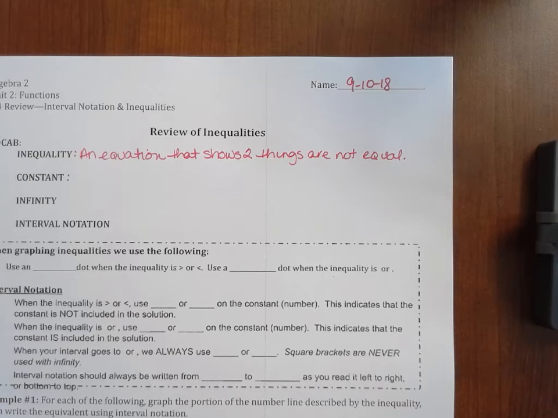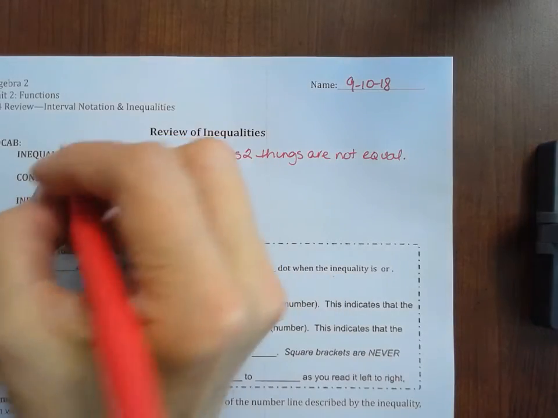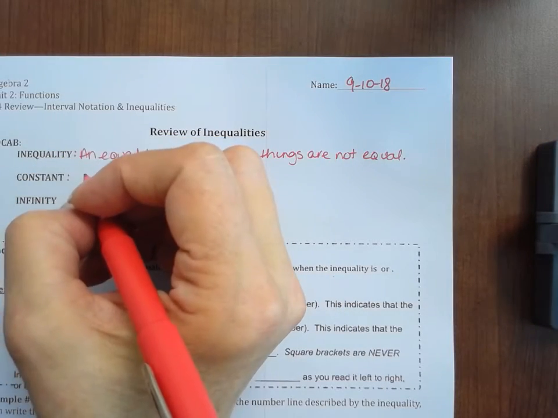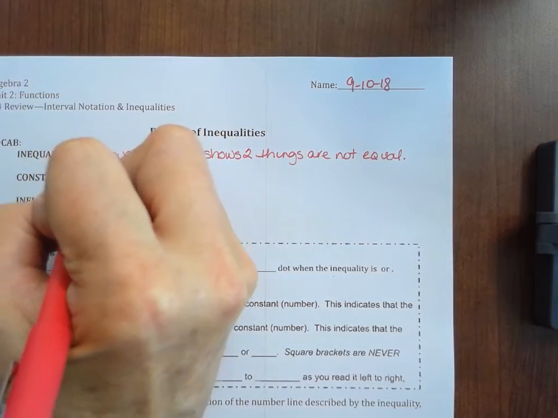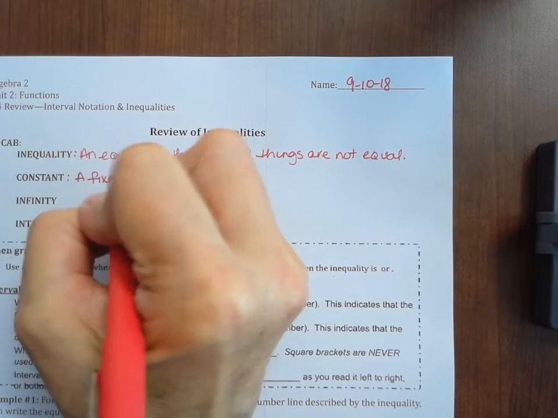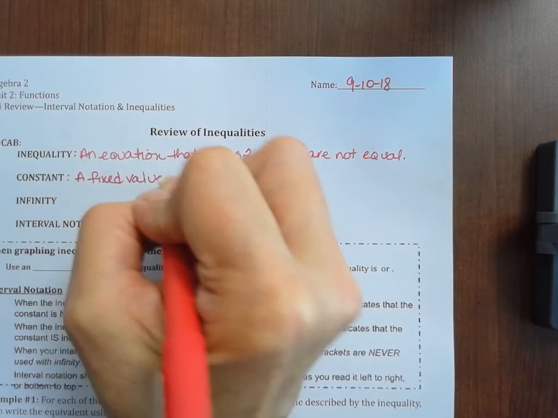What's a constant? In the real world, not even in math talk. When you think of the word constant, what does it mean to you? Stays the same. So same thing for math. It is a fixed value. It stays the same.